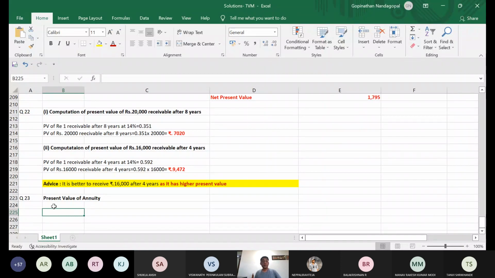So now, computation of present value of annuity.